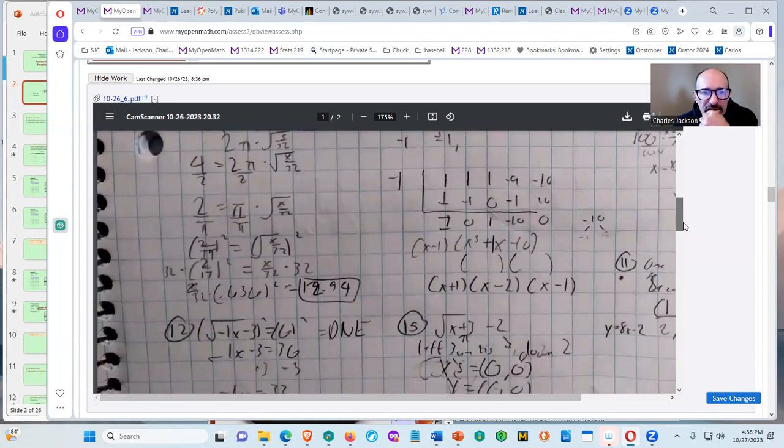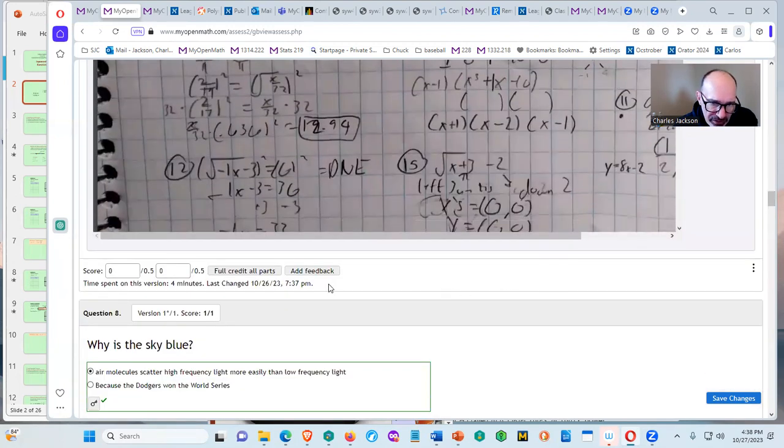Four divided by 2 divided by pi squared multiplied by 32. Yeah, the algebra's there. Your answer is probably more specific, more accurate than the other one. So great job there.